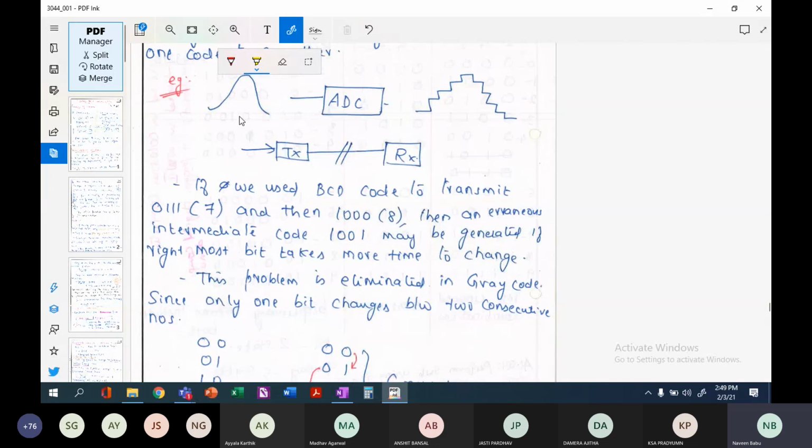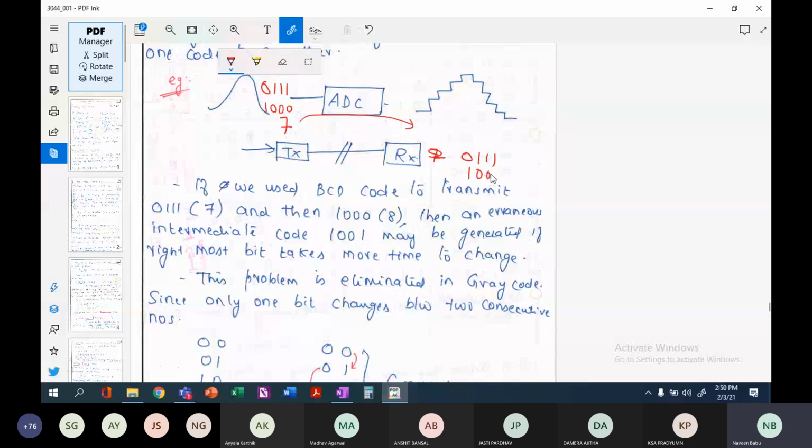This 7 gets converted to digital, and then from transmitter to receiver, you are receiving 7. Normally, how will it get transmitted? You will not send 7, you will send it like this: 0 1 1 1, and here also you will get 0 1 1 1. Then you will send 8, which is 1 0 0 0, and you will get 1 0 0 0.